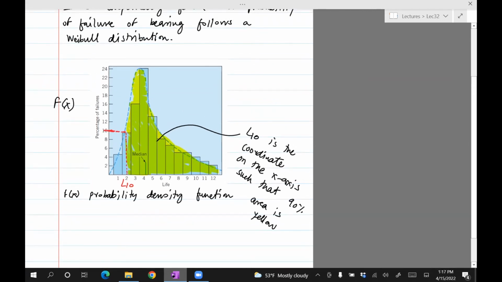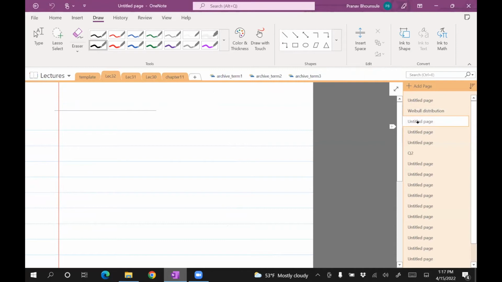Well, I'll come to that in just a bit, but let me just write a formula which relates the reliability, in this case the area under the curve, with the life. I'll parameterize the x-axis with the variable x. And once we have that, I will show you why we actually need it in this case of predicting bearing life.